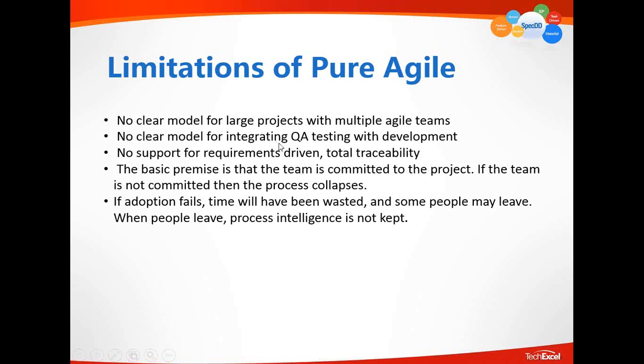And there's no clear model of QA testing with the development. As a matter of fact, if you think about the Scrum process, all those processes and artifacts are heavily focused on the development process, not on the QA testing process. There's no testing standard. There's no testing plan or test cycle as the artifacts.